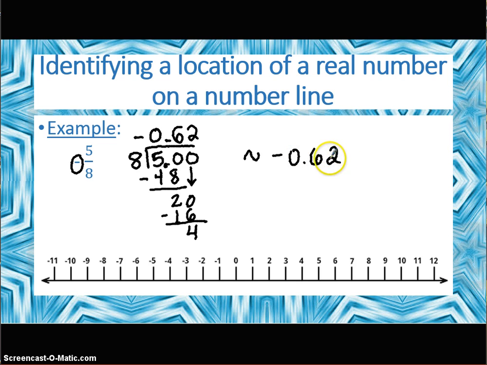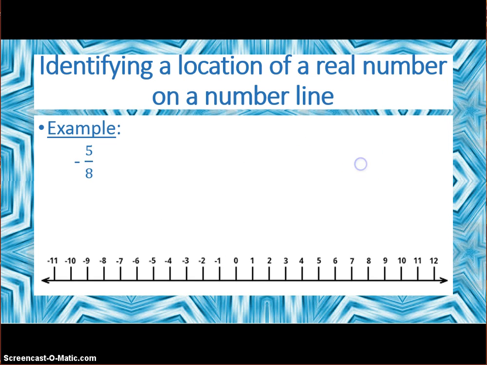Well, where does -0.62 lie on the number line? Between 0 and -1. So I'll put a dot here, a little over halfway, and I'll label it. This is -5/8. Notice I labeled it with my original value, not my estimation.